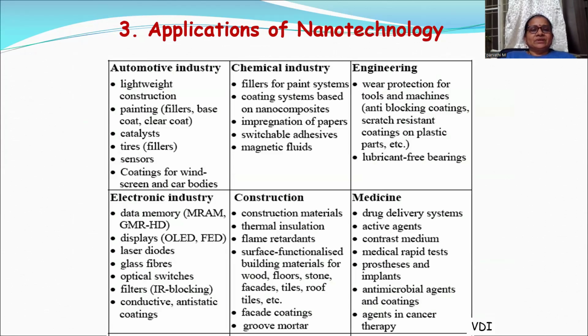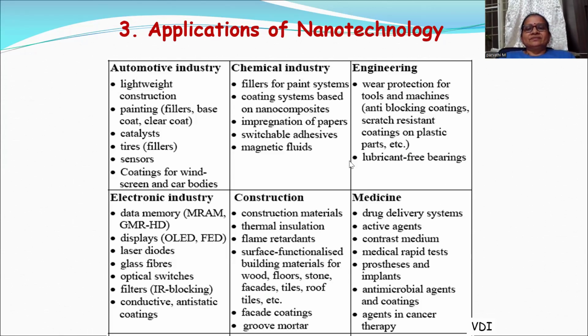So, for example, in the automotive industry, you can observe the construction of bulk materials converted into tiny and handy material, like lightweight construction, painting, fillers, base coat, clear coat, catalyst, tires and sensors. All these come under the automotive industry.